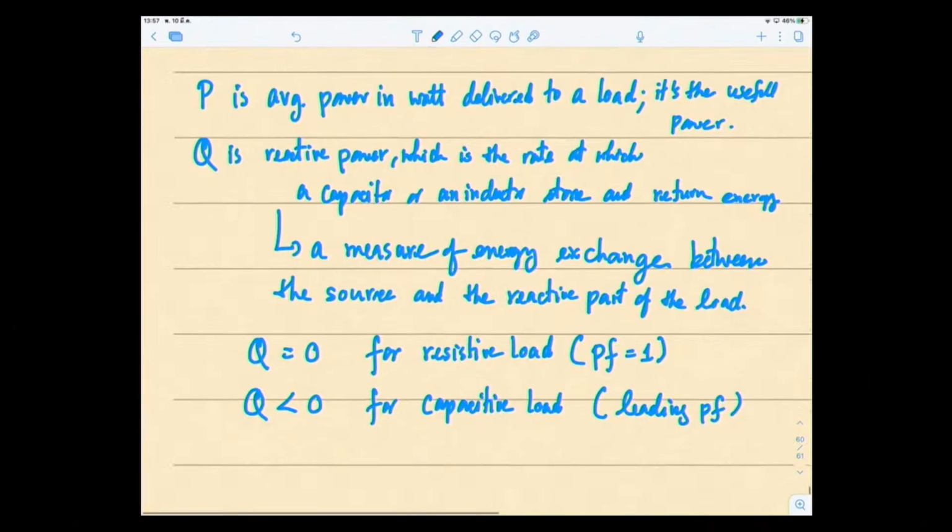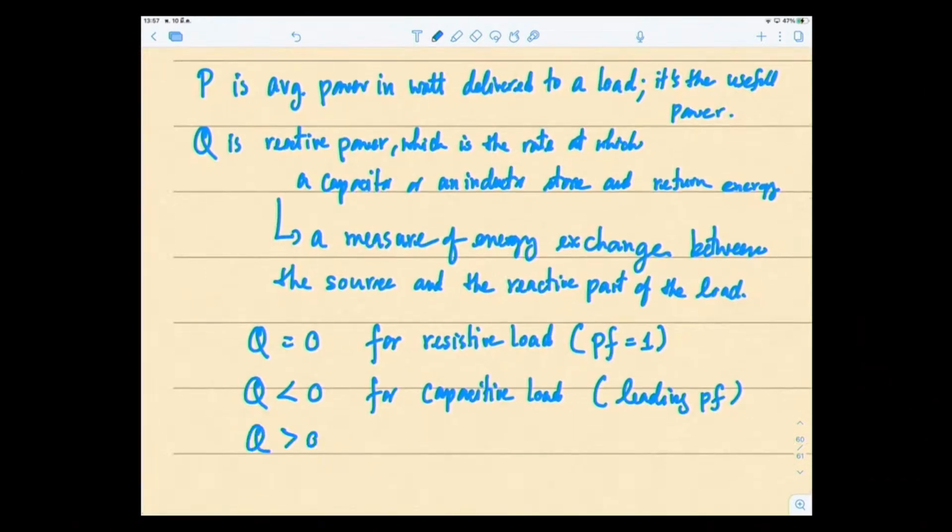And if your Q is greater than 0, it's the other one, so for inductive load or lagging PF. So this is all you need to know about the complex power.